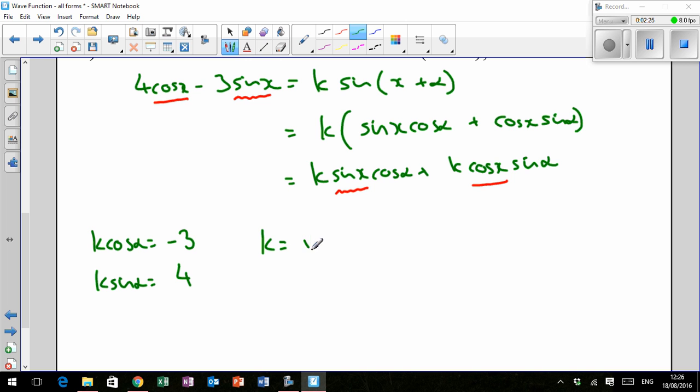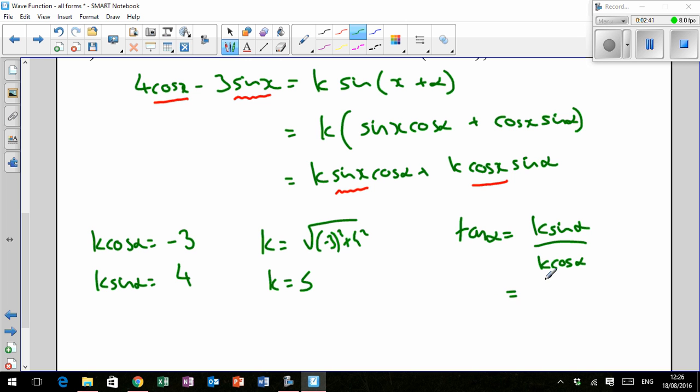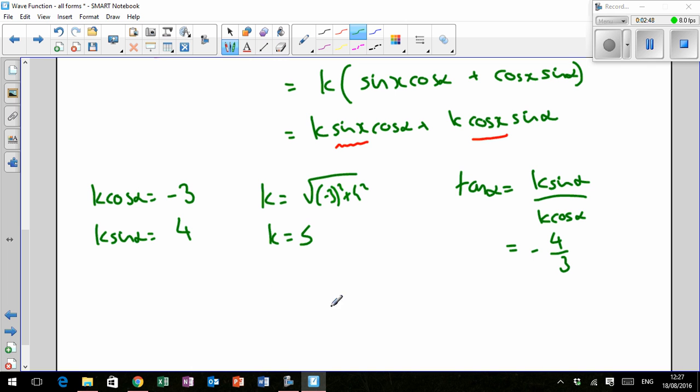Okay, k, same again, is just the square root of (-3) squared plus 4 squared, which means k is 5. And then tan alpha is going to be k sin alpha over k cos alpha, which means it is 4 over -3, or -4/3. Okay, we're just going to double check our CAST diagram. We know we're going to have to ignore that negative.